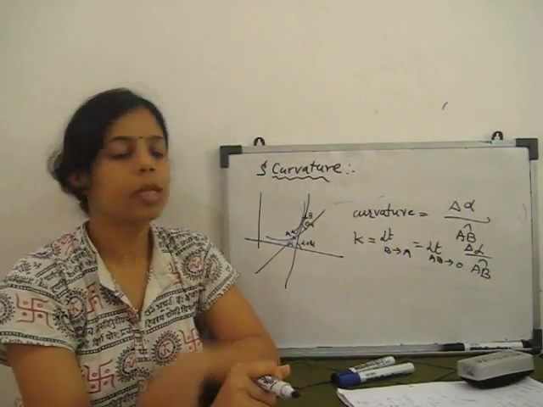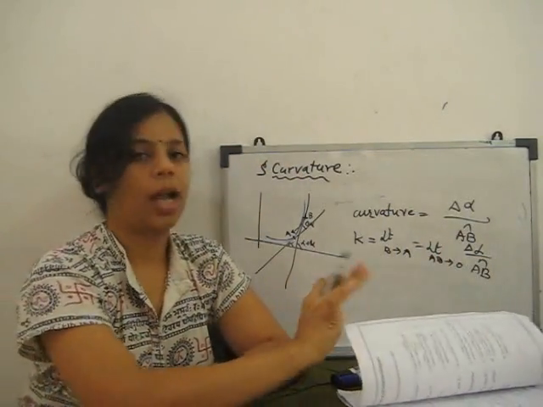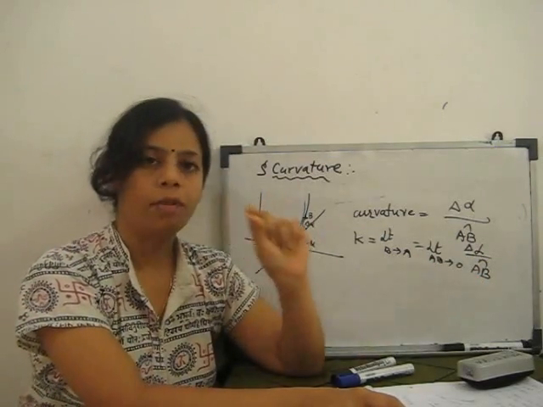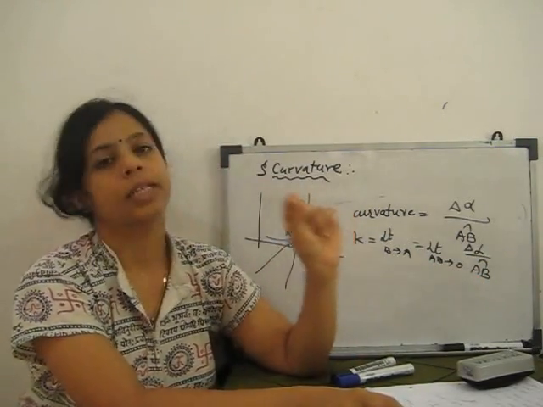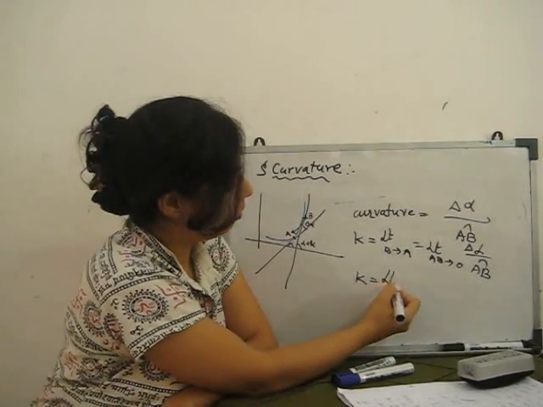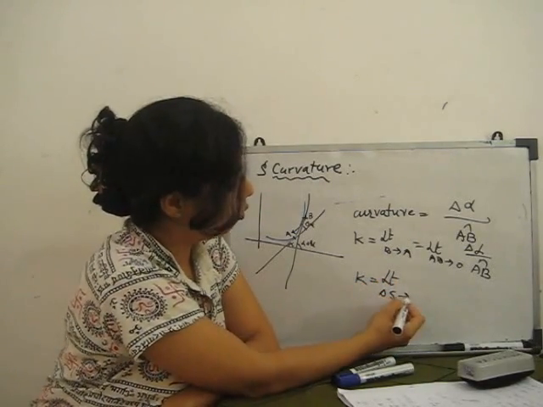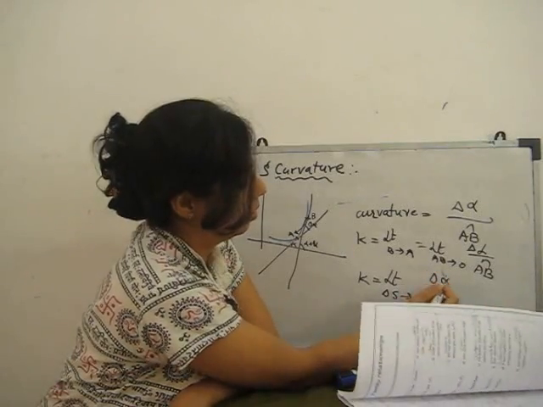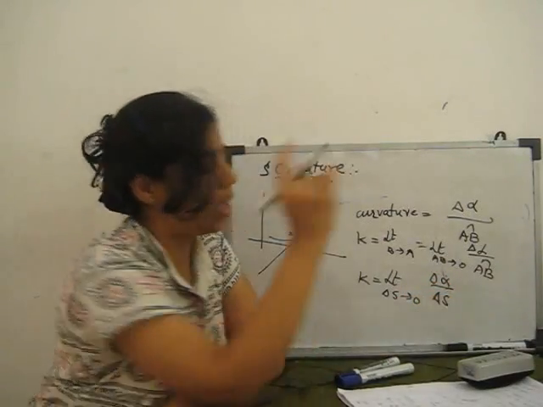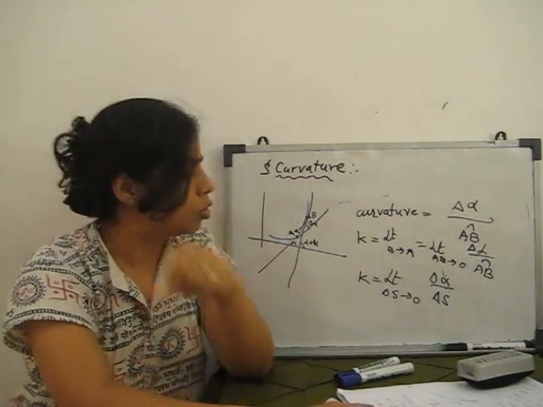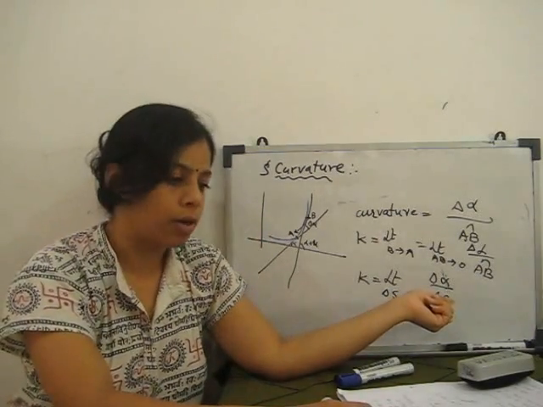Clear? Now we know that when AB tends to 0, we can say that distance is del S. Then K is equal to the limit as delta S goes to 0 of delta alpha upon delta S, the shortest distance between A and B. So this is the formula for curvature.